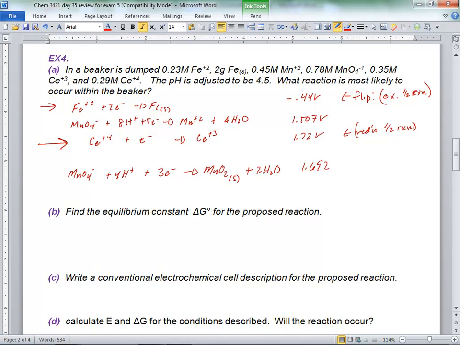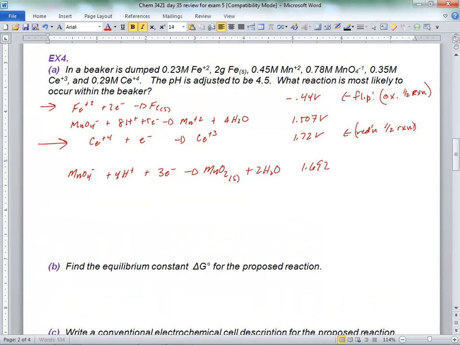And F is Faraday's constant, because we need to convert moles of electrons into coulombs. Okay, so just Faraday's constant. Zach brought up a good point.